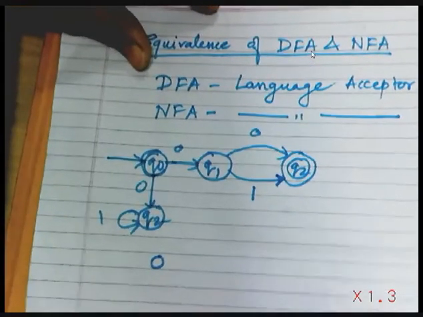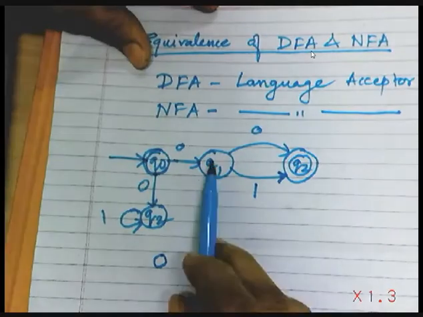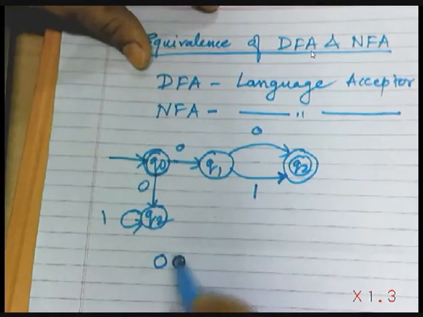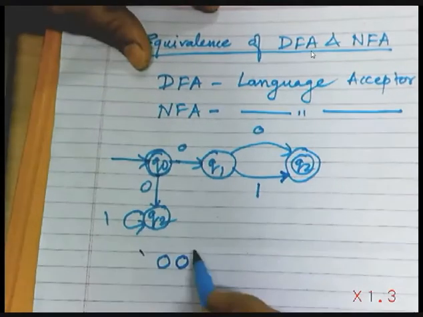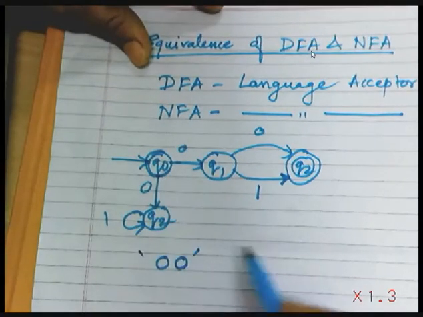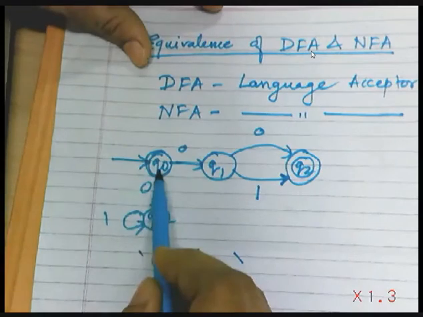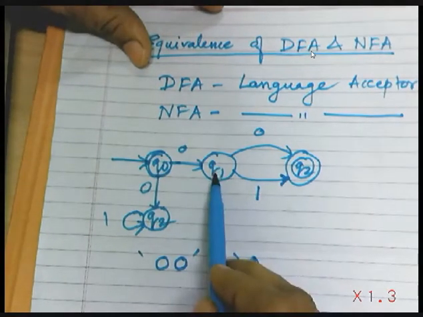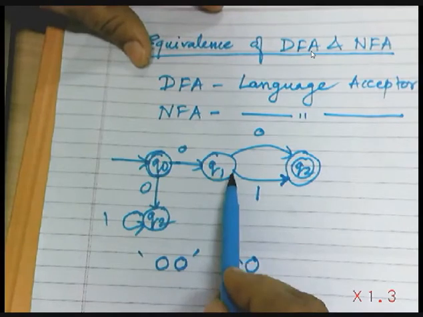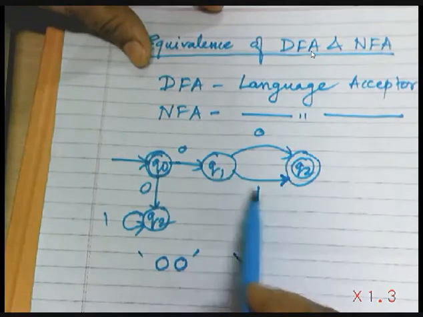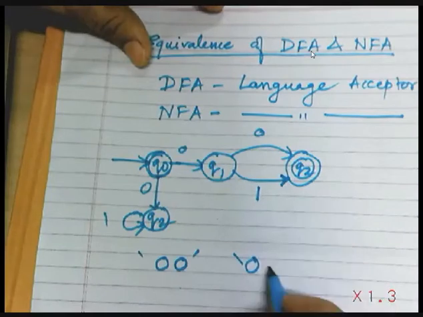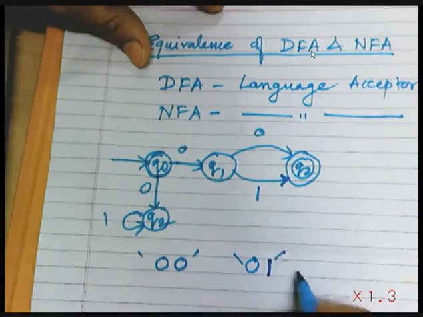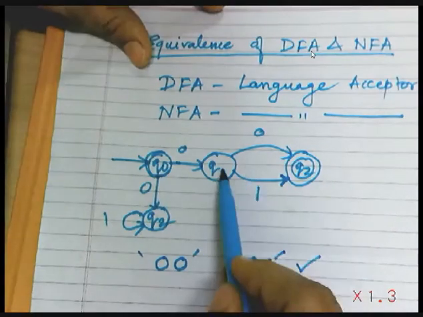Now I move from Q1 to Q2, which is a final state, with 0. This is one way. But after reaching Q1, I have another path with another symbol. Even if I get 1, it is acceptable, because with 1 also it reaches the final state.